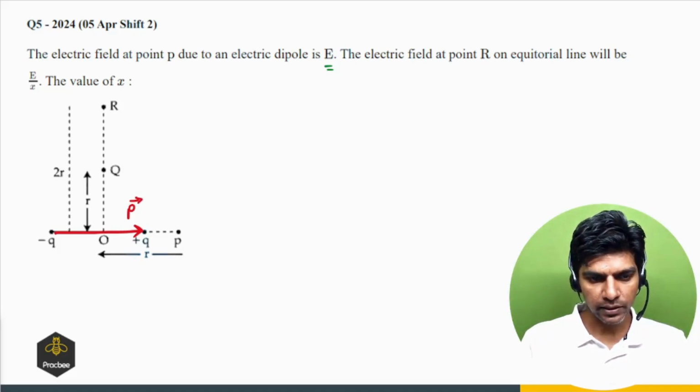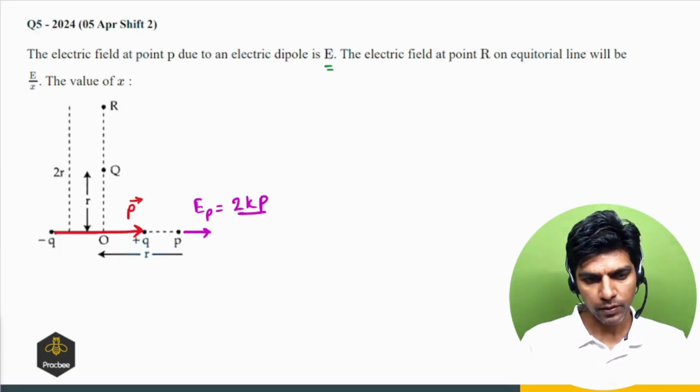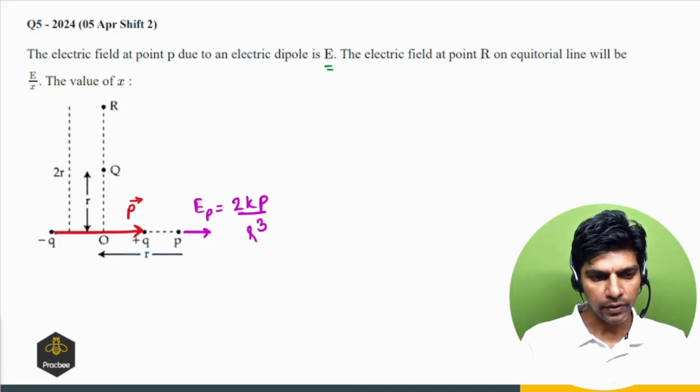So the electric field at P will be 2 Kp by r cube, and the electric field at R will be in the left direction. So let me call this ER.